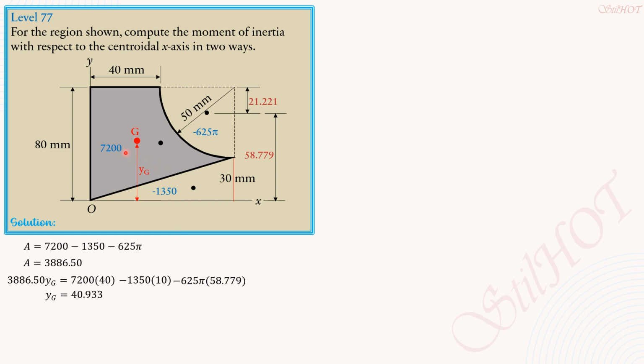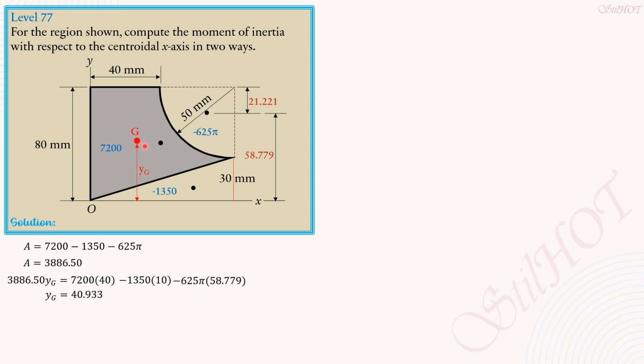So we now transfer each of the individual areas' moment of inertia with respect to this centroidal g-axis. So this is slightly greater than 40. Remember, this is 40. So the distance between the centroidal axis of the entire area from the centroid of this rectangle is 40.93 minus 40.